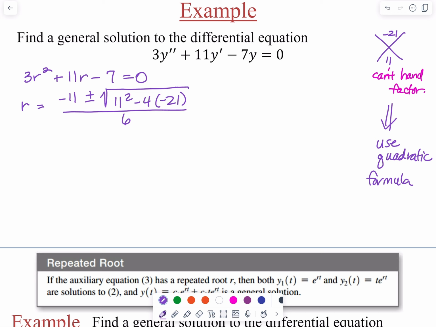So we can simplify this as negative 11 plus or minus the square root of 205, all over 6.